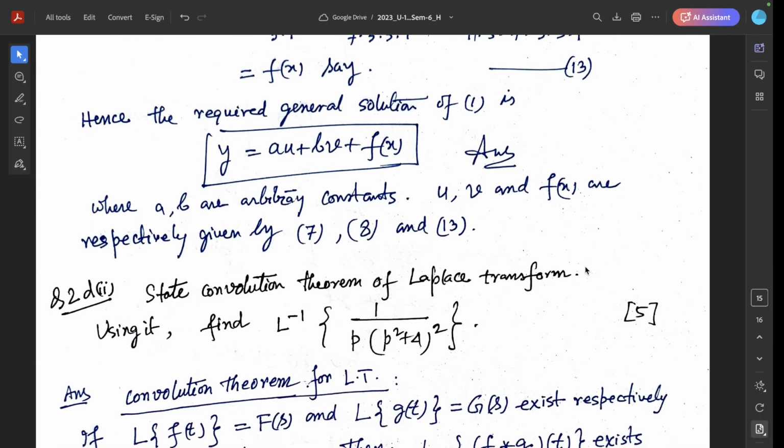Next question 2d2. State the convolution theorem of Laplace transform and using it find L inverse of 1 by p into p square plus 4 whole square.